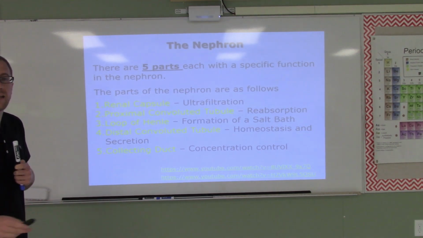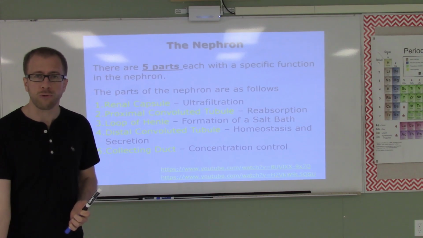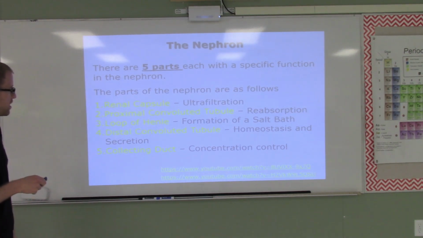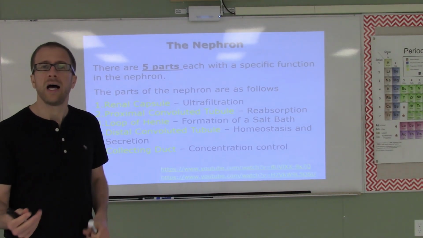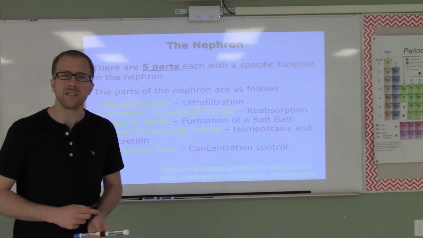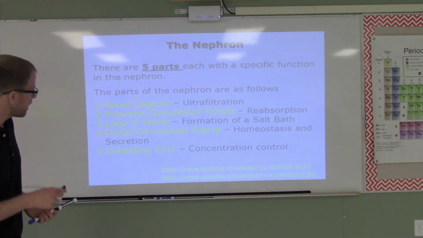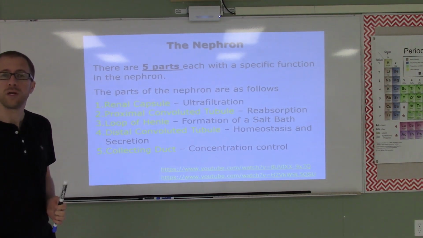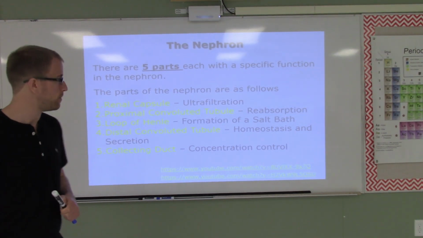The loop of Henle, which is there to set up the massive concentration gradient within the kidney. The distal convoluted tubule, where you get tubular secretion, the adding of things to that fluid which your body wants to get rid of. And lastly, the collecting duct, where we finalize the concentration of that urine.